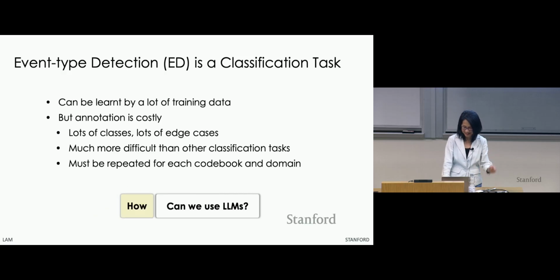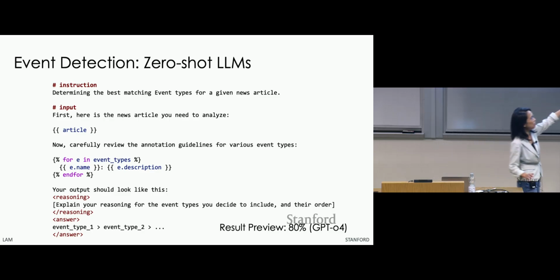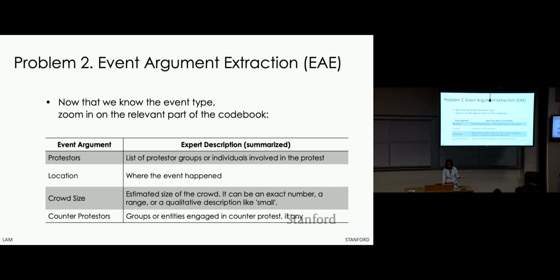So the question is, can we use LLMs? So it turns out that with a simple prompt, with a 0-shot LLM, we do pretty well. It's not perfect. 0-shot, a preview of what we're going to show is about 80%. Okay, the details of the experiment come later. So it's okay. It's not too difficult.